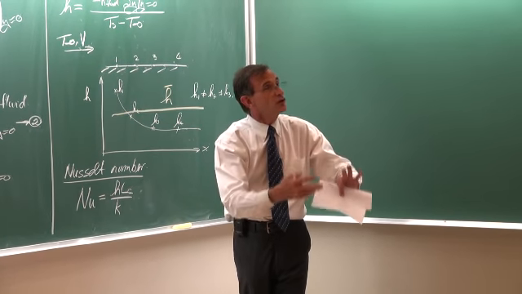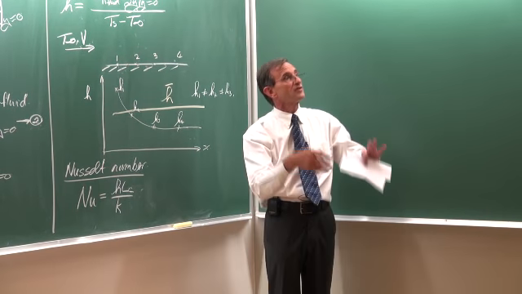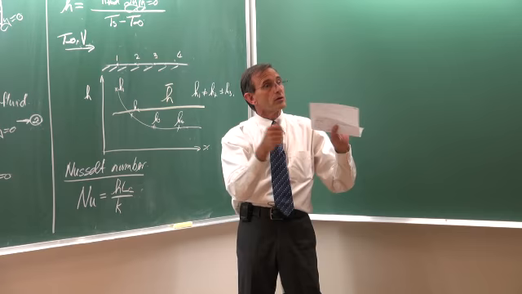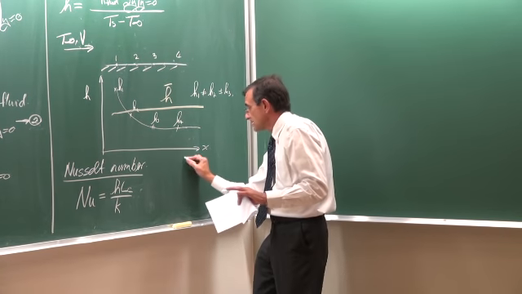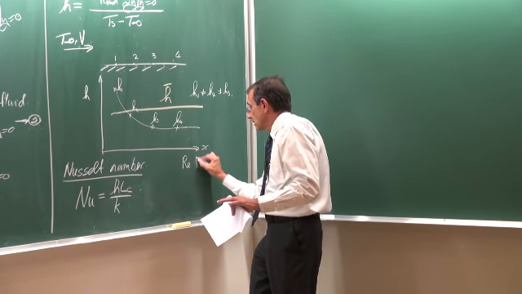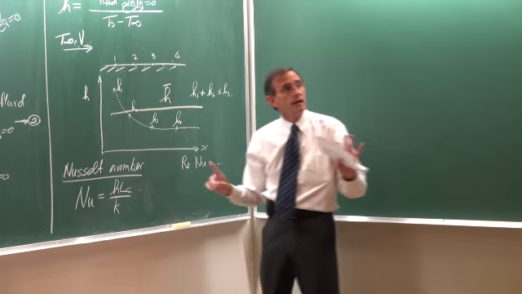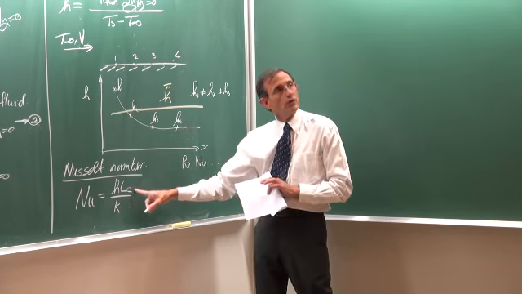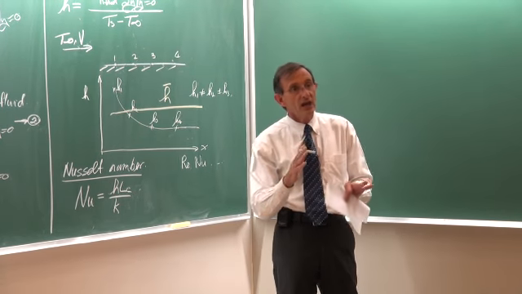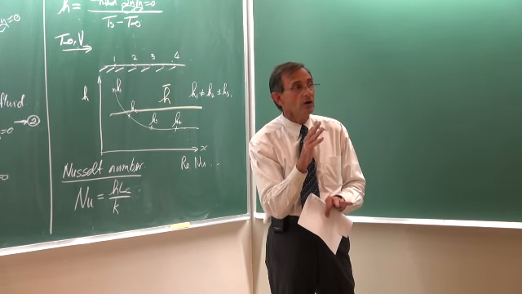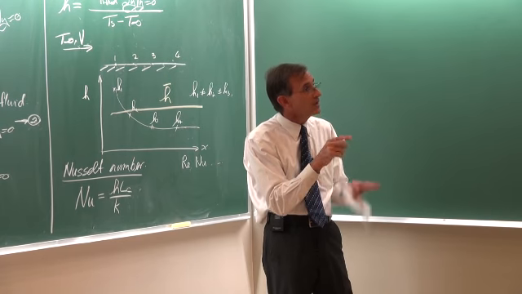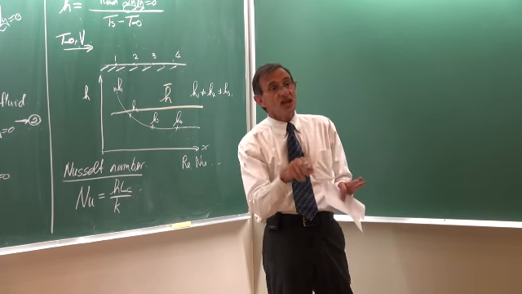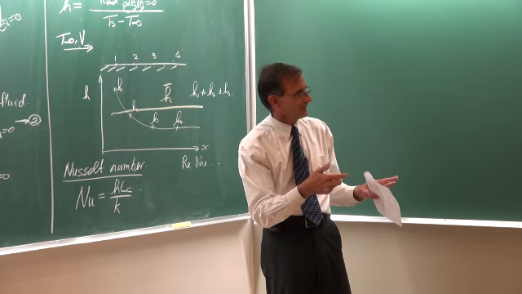So if you look at fluid mechanics and heat transfer in general, ladies and gentlemen, listen. There are many variables. There's the Reynolds number, there is the Nusselt number, and there are going to be many more. All of them are usually based on a characteristic length. And you need to know what it is, especially when the experiments were conducted, because if you use another one, you're not going to get the right values.